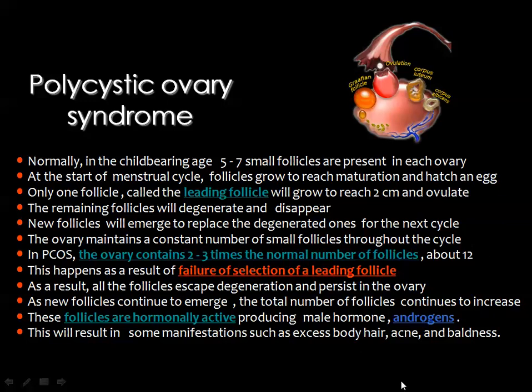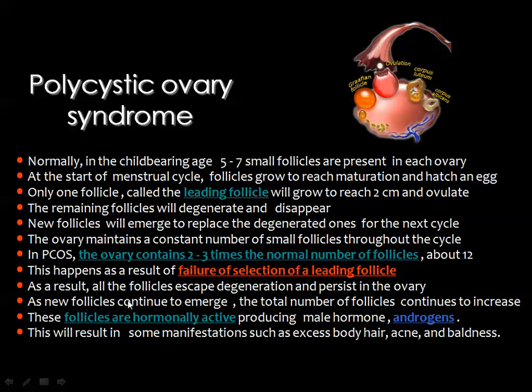But in cases of polycystic ovary syndrome, the ovary contains 2 or 3 times the normal number of follicles, and there is failure of selection of a leading follicle. Most of the follicles are of the same size, and as a result, the follicles escape degeneration and persist in the ovary.